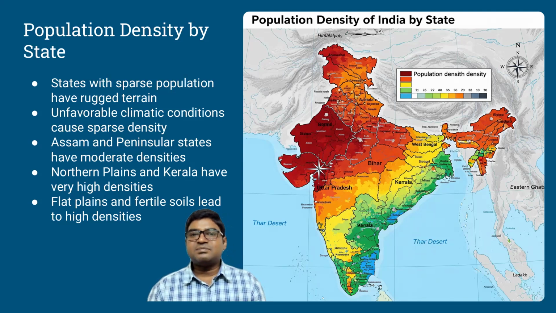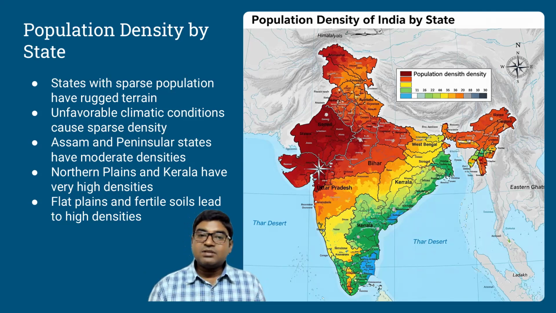Assam and the peninsular states have moderate densities because in Assam we have regular floods, natural calamities. Similarly, in the peninsular states we have regular cyclones coming and hitting. The northern plains and Kerala have very high density because of flat plains and fertile soils.